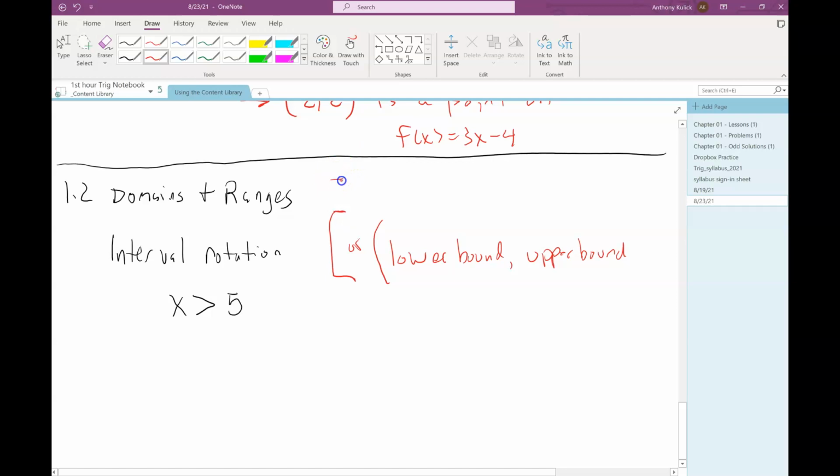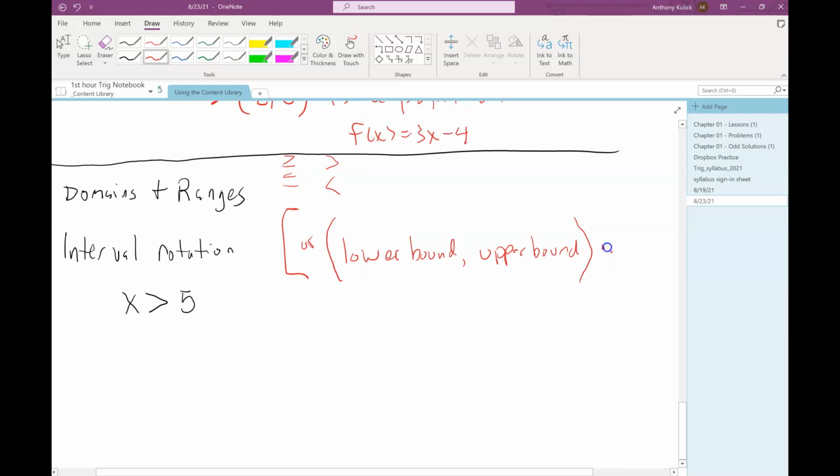A bracket is used for less than or equal to or greater than or equal to, and a parenthesis for just less than or greater than. The same thing at the other end: a parenthesis or bracket to end our interval notation.